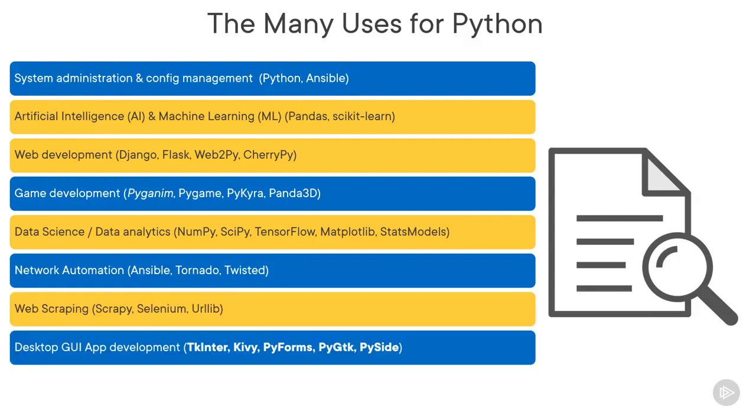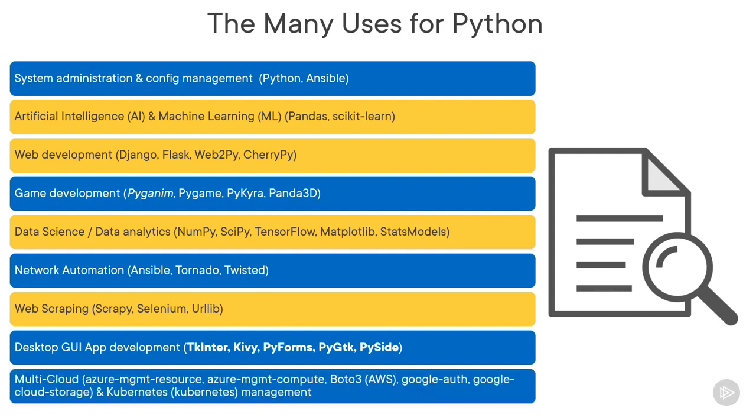Web scraping, and then desktop GUI-based apps can also be built with Python. And you'll notice the modules there that are common for building those GUI applications with Python. And then another one that might not be as commonly known is you can actually use Python for managing your multiple clouds. So your top three, like Azure, AWS, and GCP, and even Kubernetes, right?